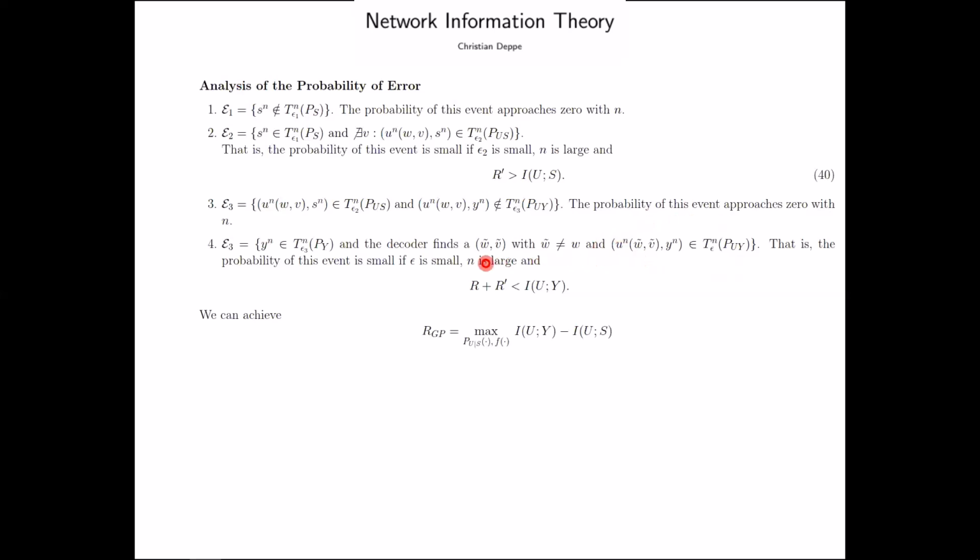And to avoid this event, we want this event to go to 0, so we must have that R plus R' is smaller than the mutual information between U and Y. Now, if we put these two things together, then the rate we can achieve is the mutual information of U and Y minus the mutual information of U and S. That's just this rate, where we put in for R' the mutual information of U and S. Of course, we can choose any channel we want here, and we can choose every function we want here.